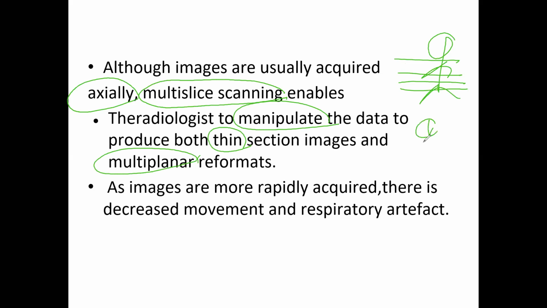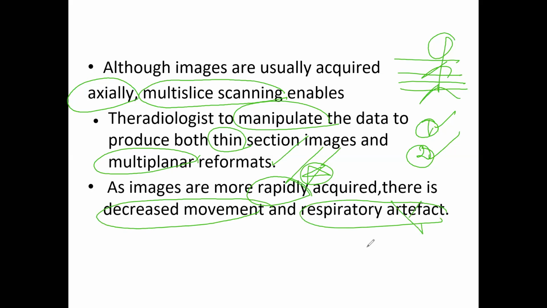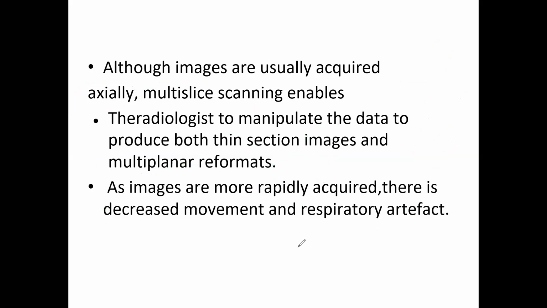Number one is thin section. Number two is multiplanar reformatting. As images are more rapidly acquired, they are very rapid. Unlike an MRI, in 2 minutes the CT scan will be over. Decreased movement will be there and respiratory artifact will not be there.